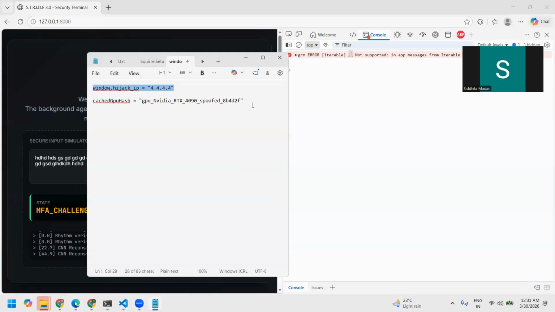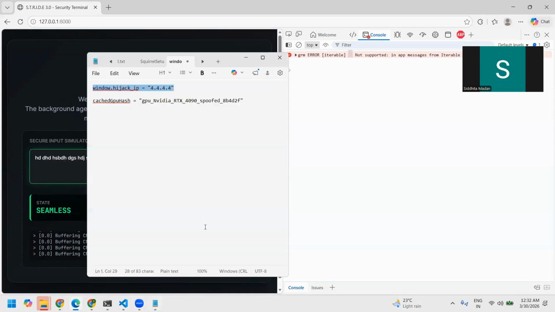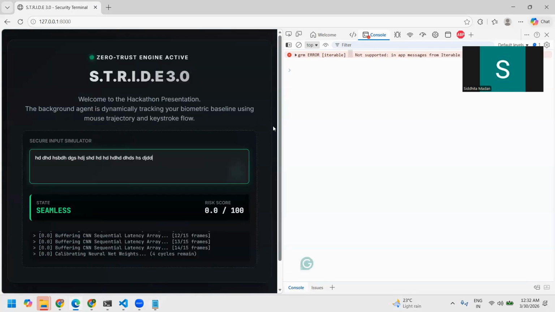In order to simulate that, also detecting the hijack through GPU vector calculation. If the hijacker has a different hardware, the GPU vector calculation is going to be different, and that is how we are tracing the hardware fingerprinting.